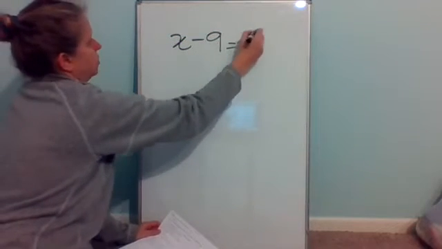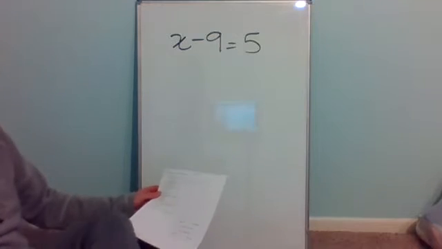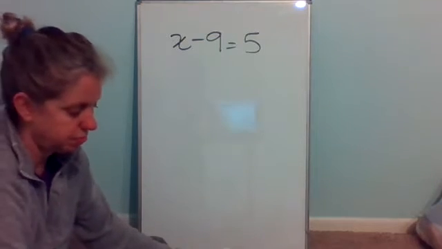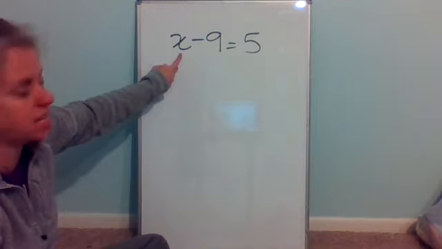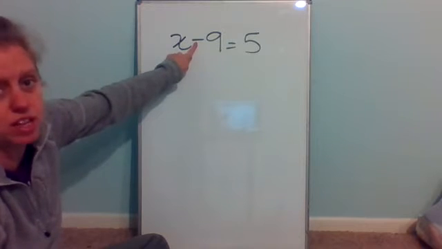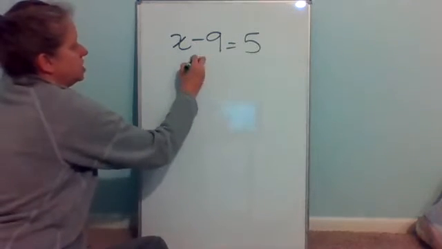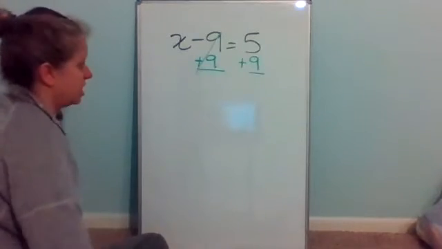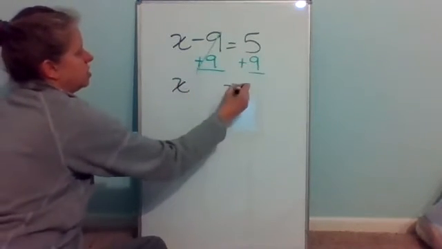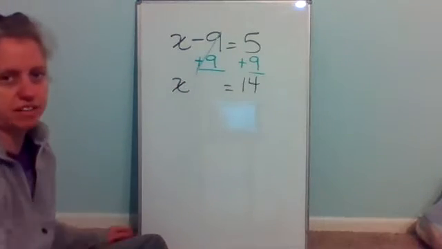So this is back literally from day 1. It just says solve for x. So getting x by itself, which means the only thing I need to do is get rid of that minus 9 with its opposite. So I'll just add 9 to both sides to get x equals 14. And you're done.